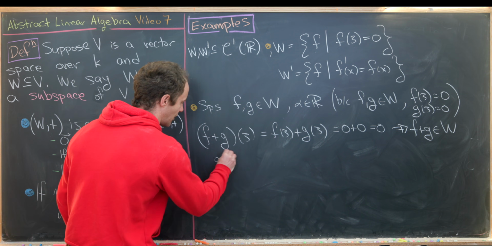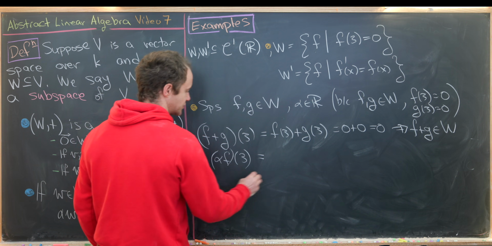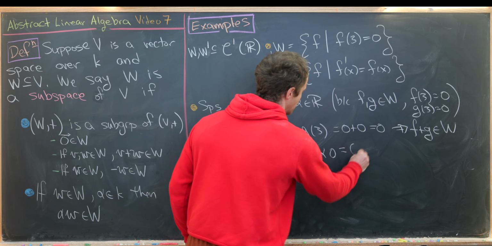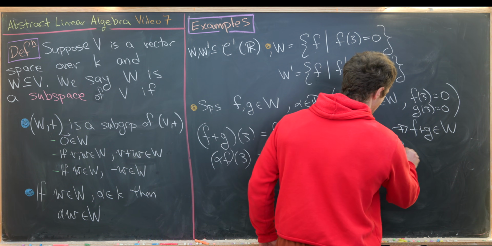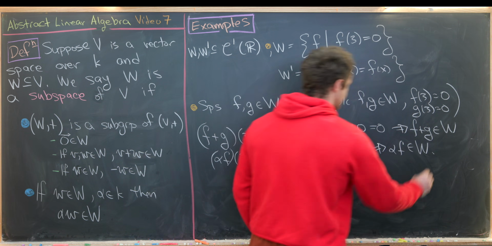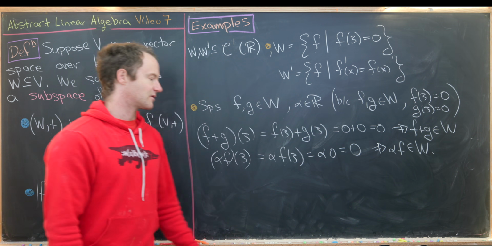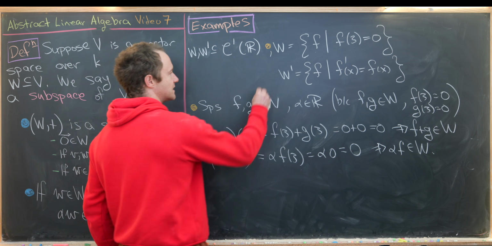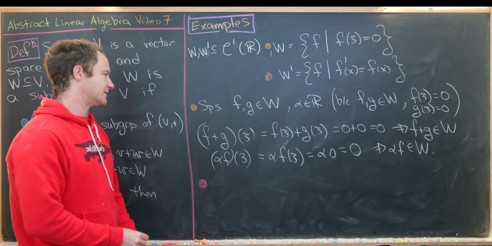Now let's check alpha f evaluated at 3, but that's going to be equal to alpha times f of 3, which is alpha times 0, which is 0. But that tells us that alpha f is also in W. So in other words, W is closed not only under the addition, but scalar multiplication, meaning that it is indeed a subspace. So let's move on to this next one, this red dot, and see if we can do the same thing.